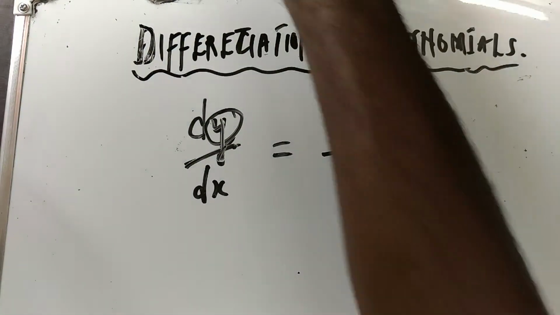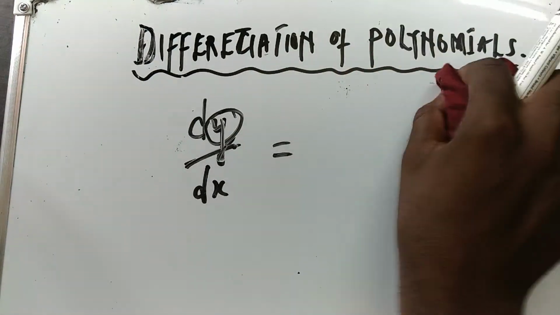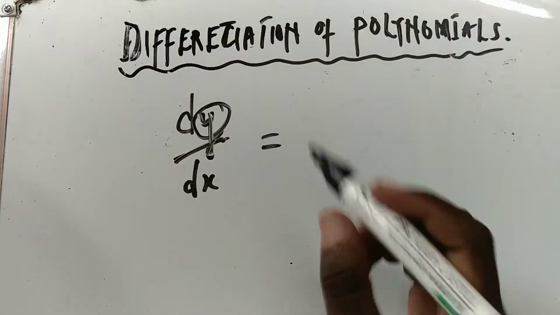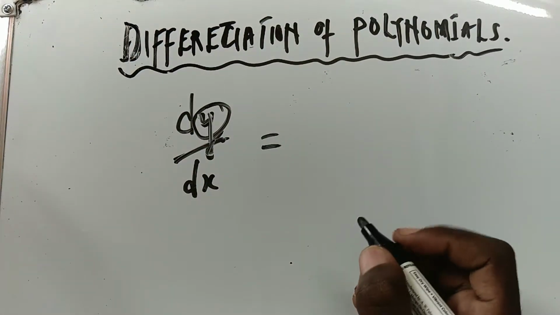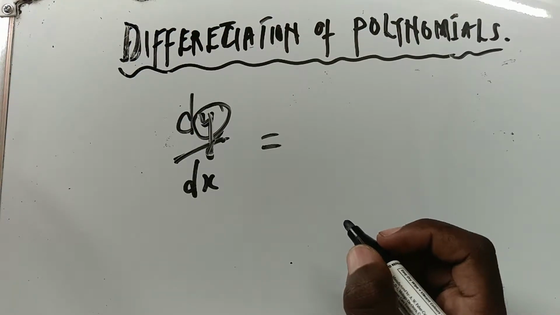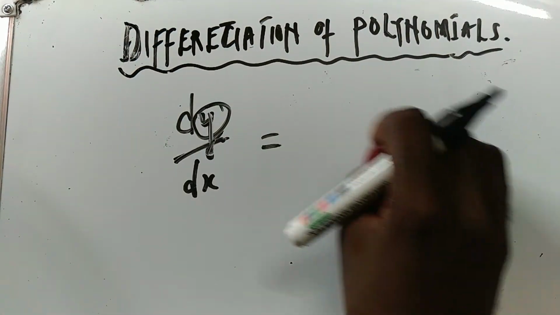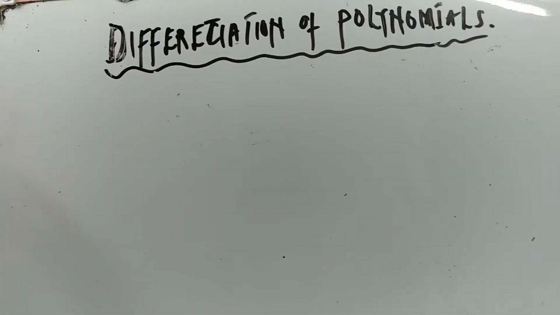Now we normally don't use this notation in most of the books and mathematical courses. This is the notation that we are going to use, dy dx. So we are simply differentiating. Now I want to give a definition of differentiation. This is the notation for differentiation, but what is the definition of differentiation itself?